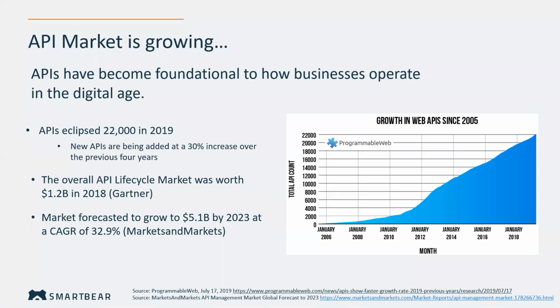And the API lifecycle market, according to Gartner, was worth 1.2 billion in 2018. And that is forecasted to grow quite a bit by 2023, up to 5.1 billion.